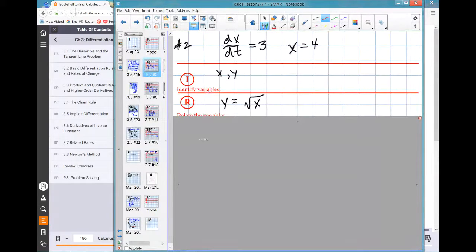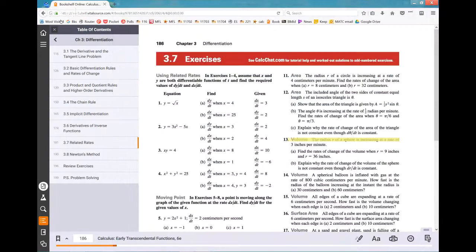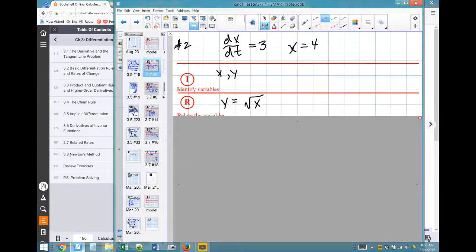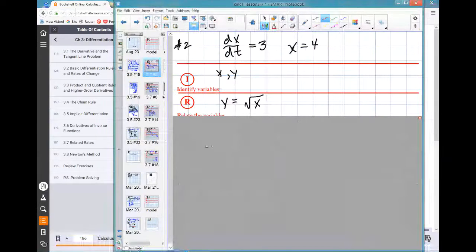Anyway, the problem they give you, was I looking in the right place? Using related, oh, I actually wound up doing number 1. I see it there. Okay, sorry, it's labeled wrong. So let me change that. That's number 1.